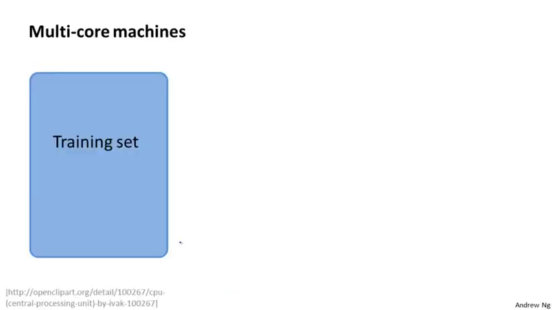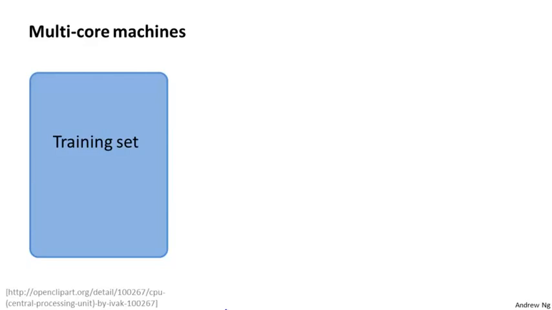Finally, as one last comment, so far I've been discussing MapReduce algorithms as allowing you to parallelize over multiple computers, maybe multiple computers in a computer cluster or over multiple computers in a data center. It turns out that sometimes even if you have just a single computer, MapReduce can also be applicable. In particular, on many single computers now, you can have multiple processing cores.